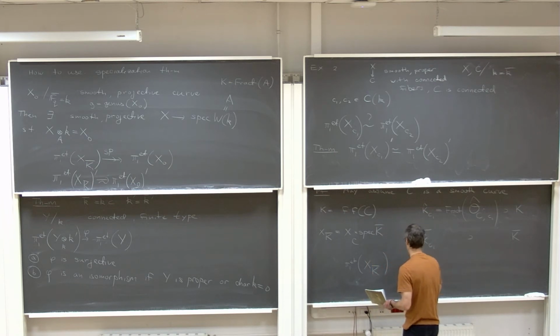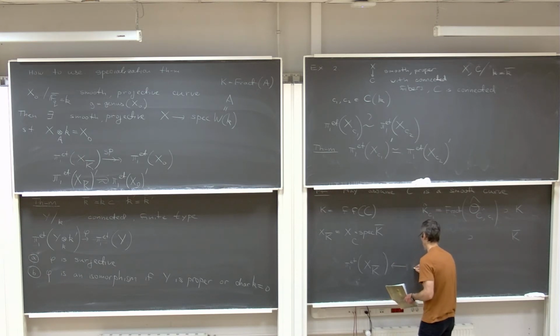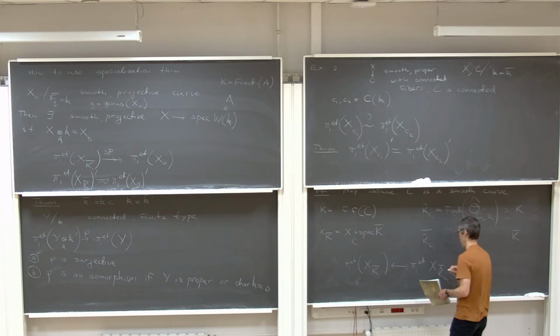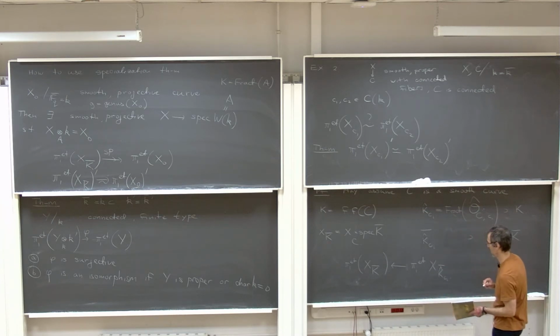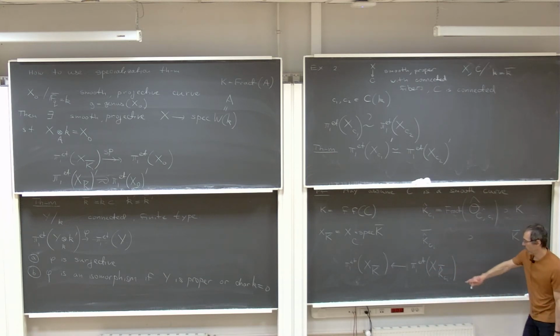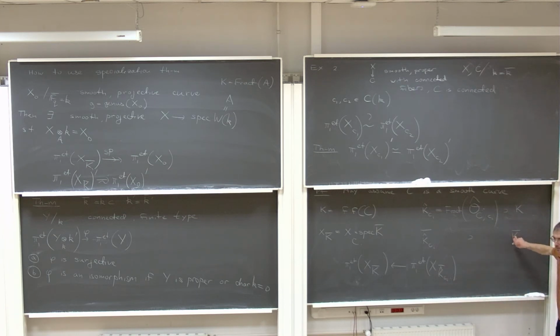And so for every Ci, there is a map in this direction, π1 étale of X_K-bar to π1 étale of X_Ci. This map is induced by the inclusion.